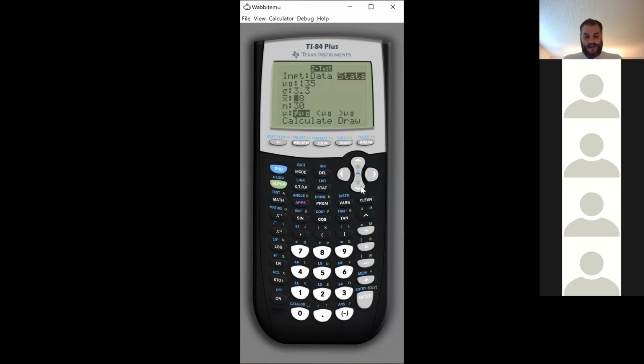X bar would be considered 133. N is equal to 32. And then you want to choose less than. Remember, whenever you choose less than, that means this is the left tail test. Actually, let's do calculate for that so I could get a more accurate answer.